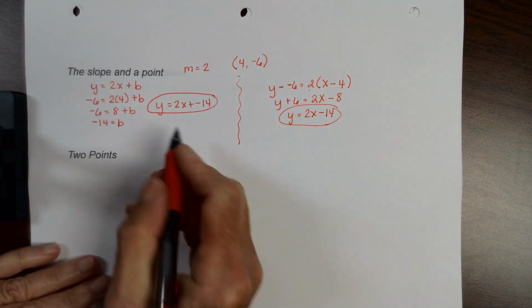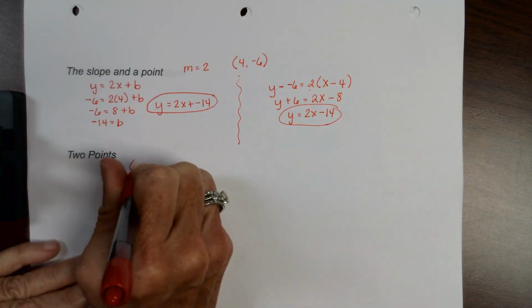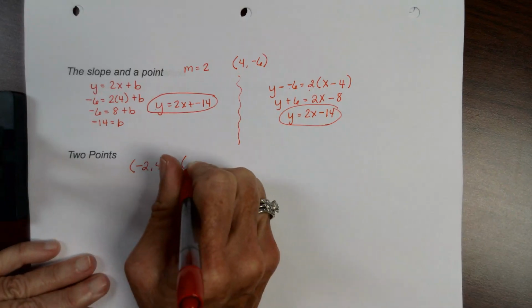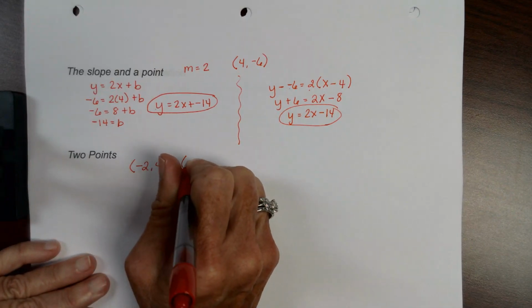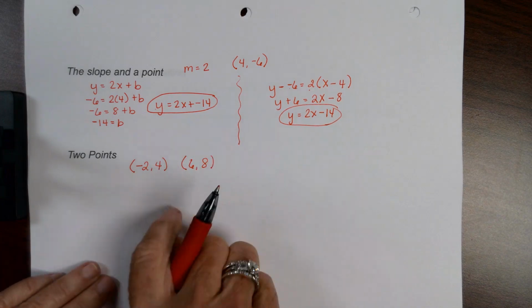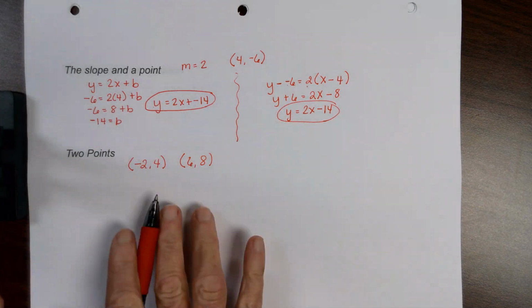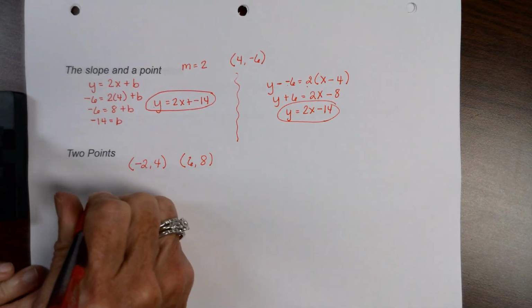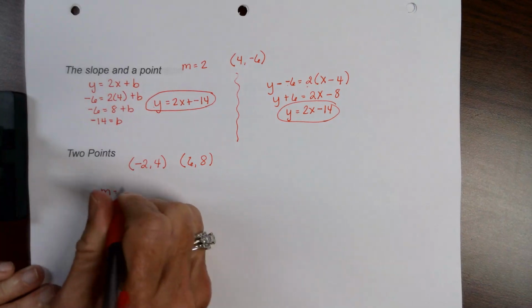Then they might give you 2 points. So let's say we have negative 2, 4, and we might have, I don't know, 6, 8. Okay, the only thing that's different between this one and these two is I have to find my slope first. So I can either use the slope formula in my calculator or I can do it by hand.